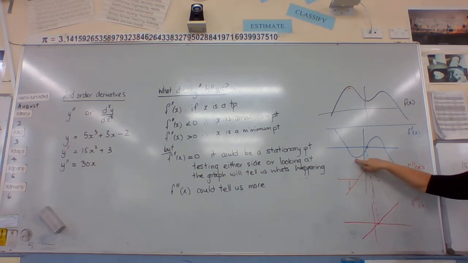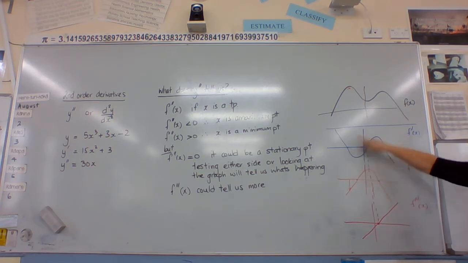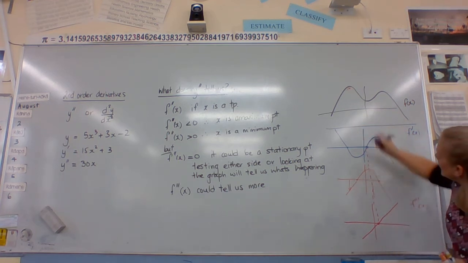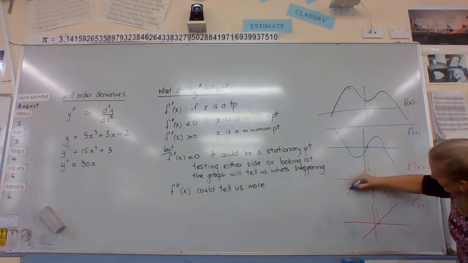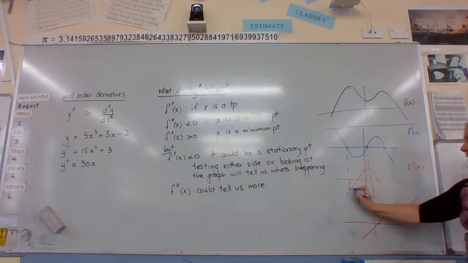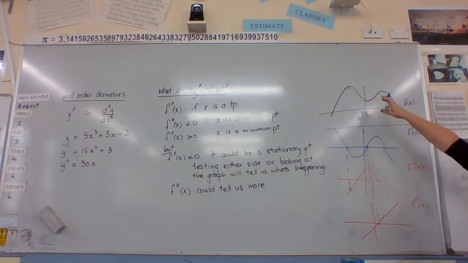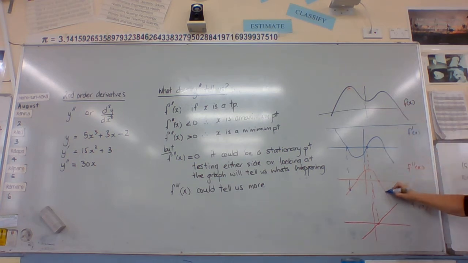So this point here, down here, is actually this one here, if I lined it up. So negative, negative, positive. All right, so we've got a maximum point, a minimum point, a maximum point.